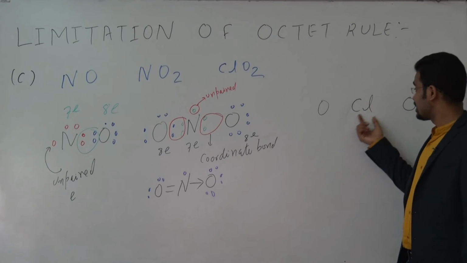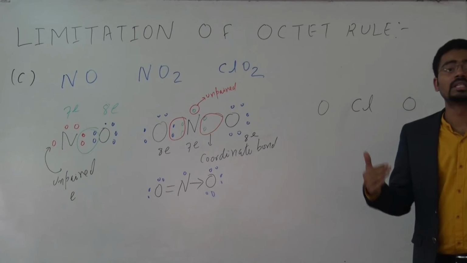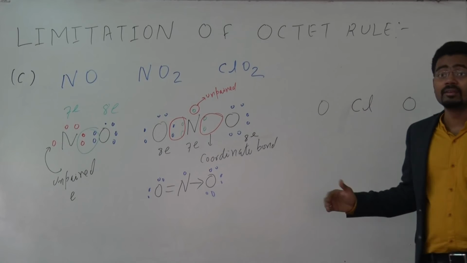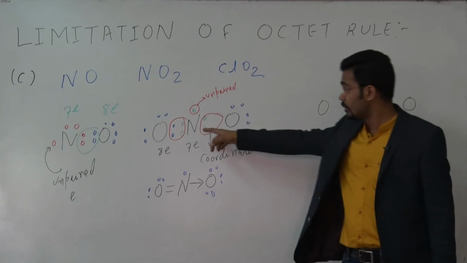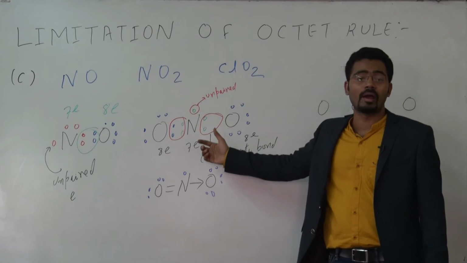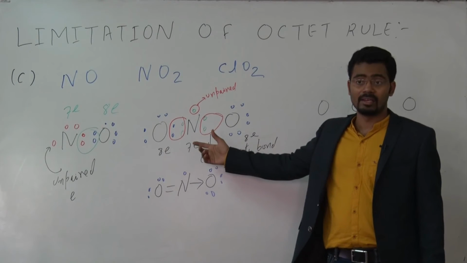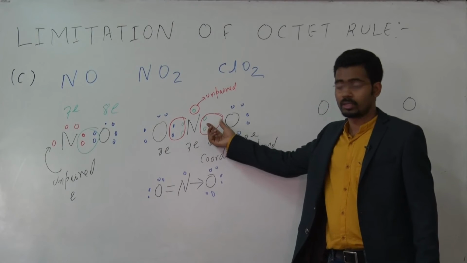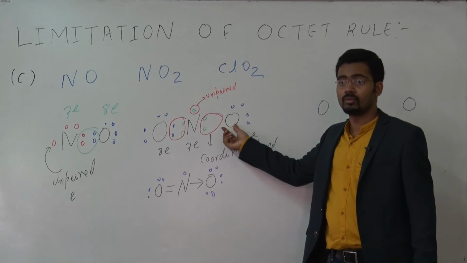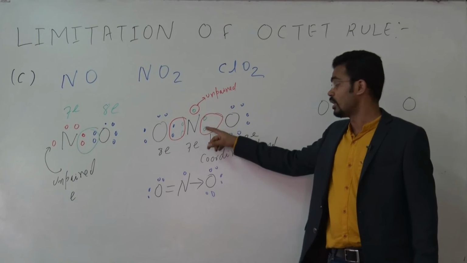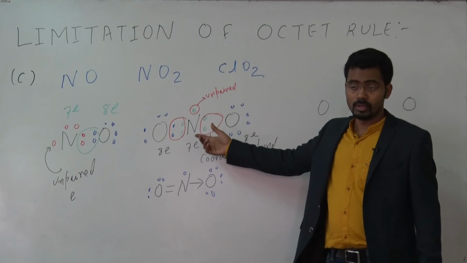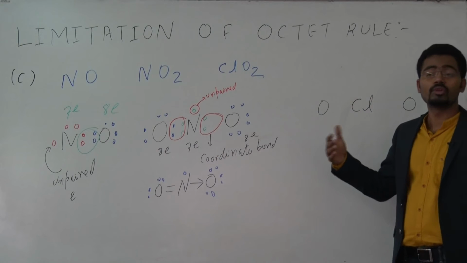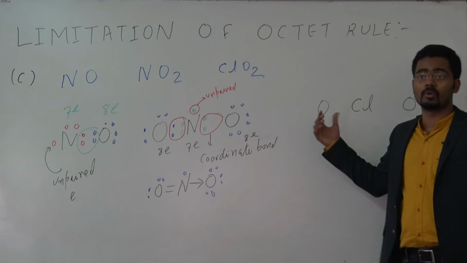And since Cl belongs to the third period, it can occupy more than 8 electrons. Unlike nitrogen, which can't occupy more than 8 electrons. Therefore with nitrogen there is no sharing of 2 electrons of nitrogen and 2 of oxygen, only the sharing of 2 electrons, that is the coordinate bond. But in chlorine, sharing of more than 4 electrons occurs, that is, more than 8 electrons is possible on the chlorine atom.